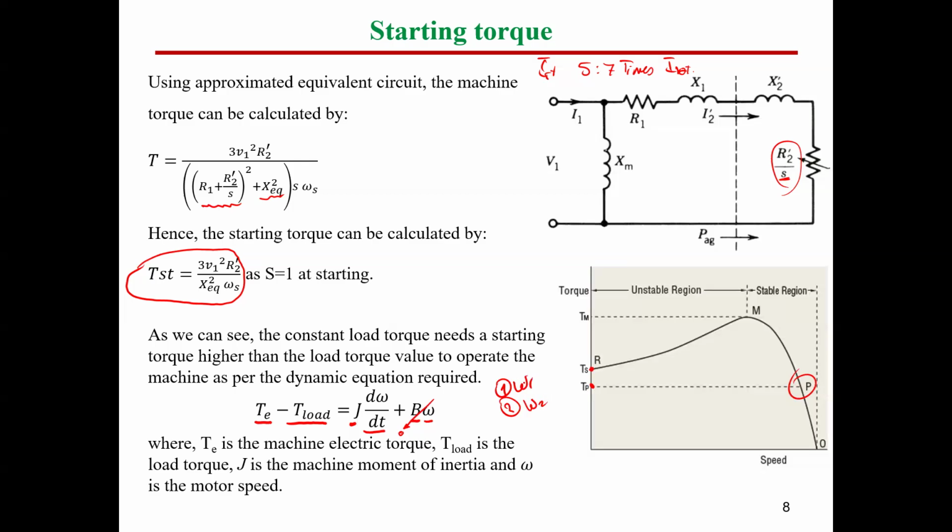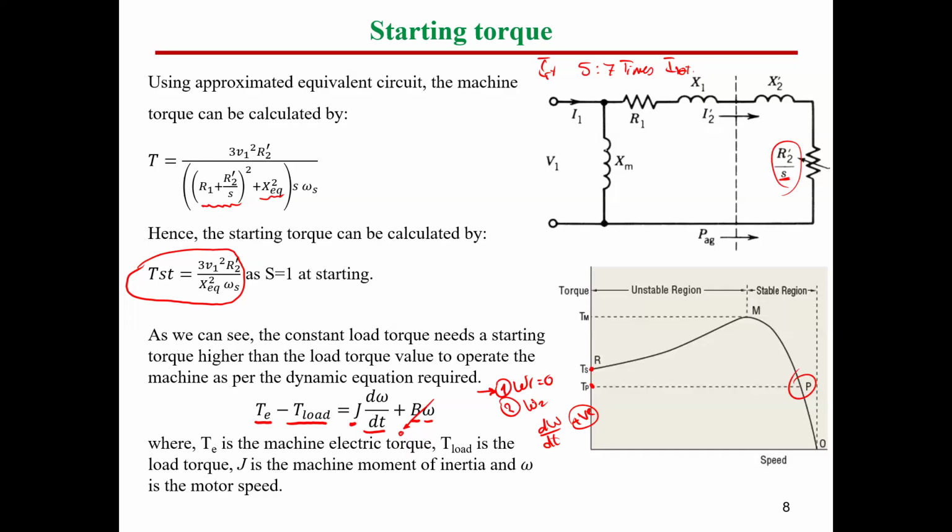Again, if omega 1 is the standstill, this is equal to 0. If d omega by dt is positive, this means omega 2 is greater than omega 1, so the motor is going to start. But if d omega by dt equals 0, this means omega 1 equals omega 2, and this will not start the motor.